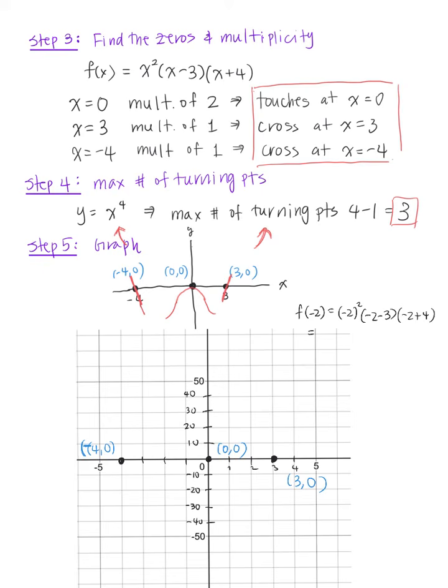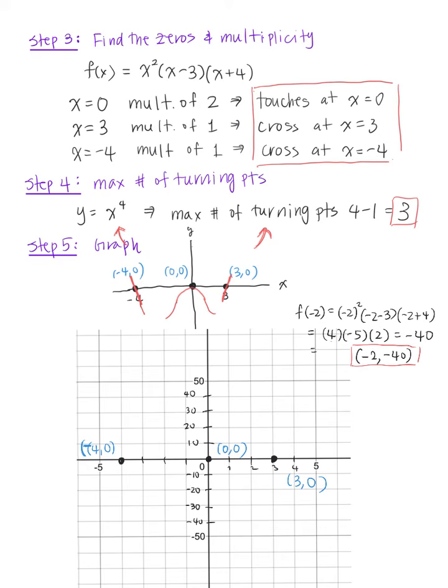So that's going to be 4 times -5, and then times 2. So this is going to be, what is that? -40. So here, when x is -2, our y is going to be -40. So I'm just going to plot that.